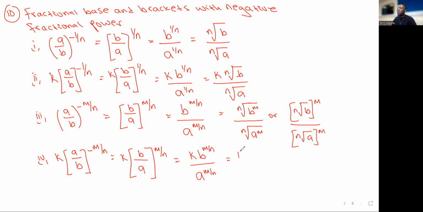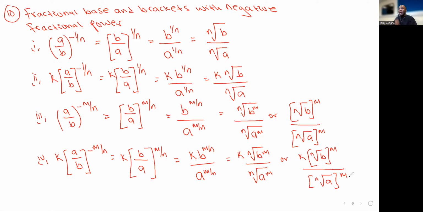And that will give you the constant K times the nth root of B^M, divided by the nth root of A^M. Or we can have a constant K times the nth root of B, all raised to power M, divided by the nth root of A, all raised to power M. And that is the 10th rule.